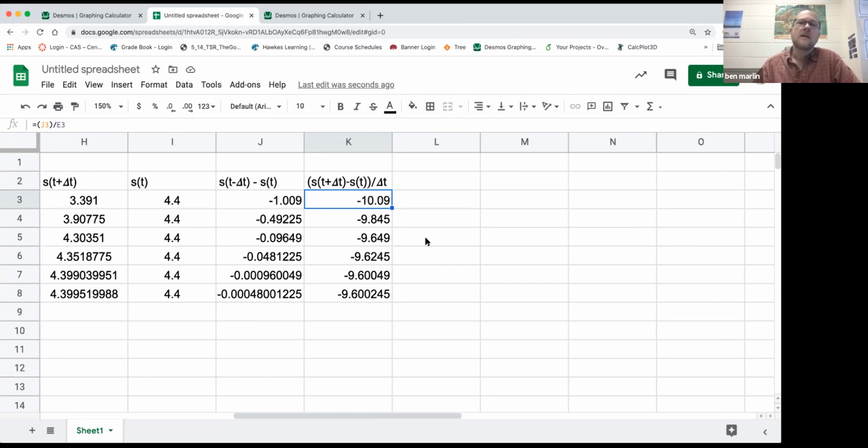So you'll do something similar in the problem that you're looking at. If you see that the values that you're getting are not going towards a single number, there might be something going awry in your calculations. So if you need to ask me about that sort of thing, you will have to give me edit privileges so that I can look at your spreadsheet.